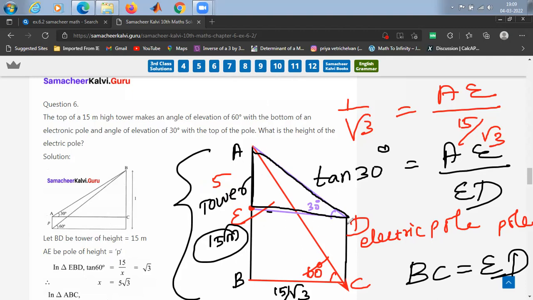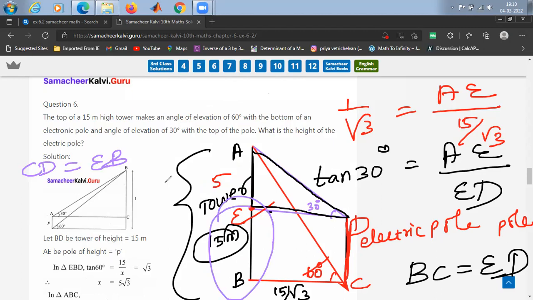So they're asking about the height of the electric pole. We can say CD is equal to EB. Okay. So from this we can say the length of CD and length of EB are equal. Okay. So how can you find the EB?